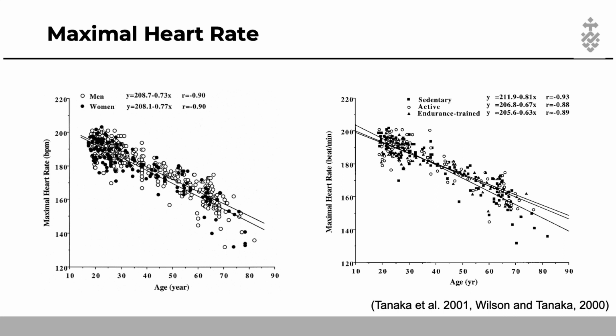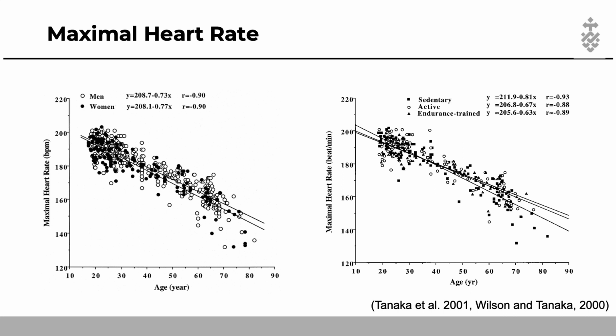So that's the highest their heart rate got in a maximal effort. 178 for the sedentary. In the active group, it was 179. So only 1 beat per minute difference. And then in the endurance trained group, it was 182. So only another couple of beats per minute difference. So there's hardly any difference between those three groups.